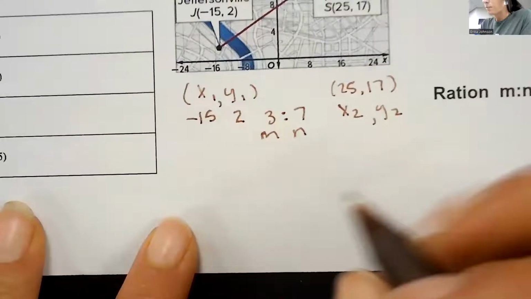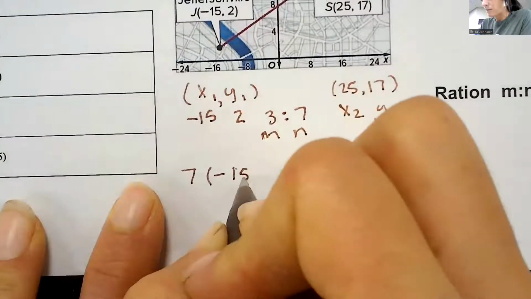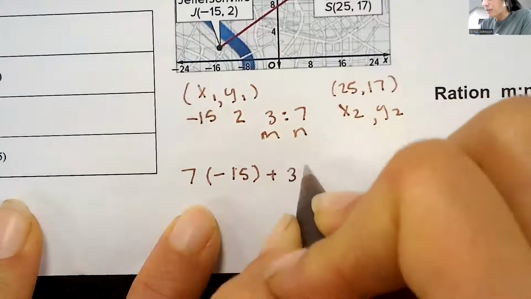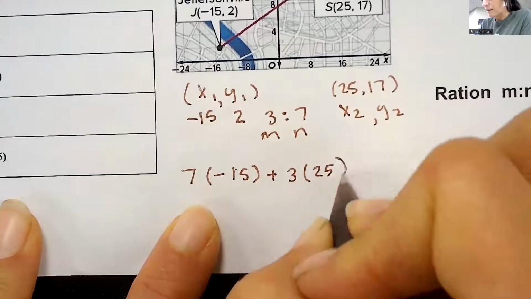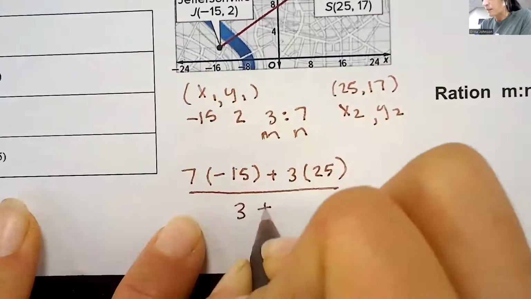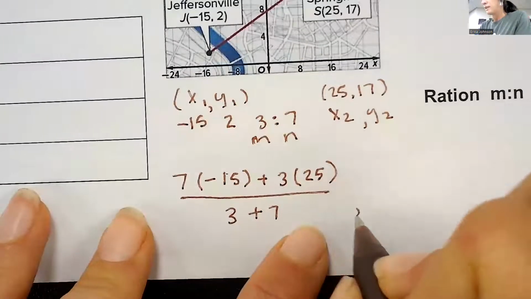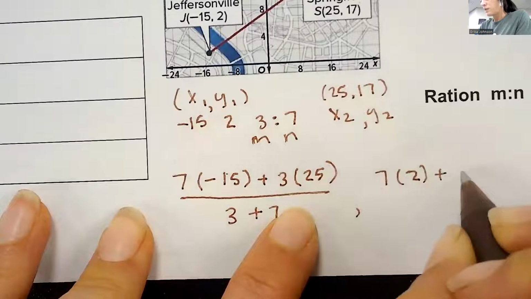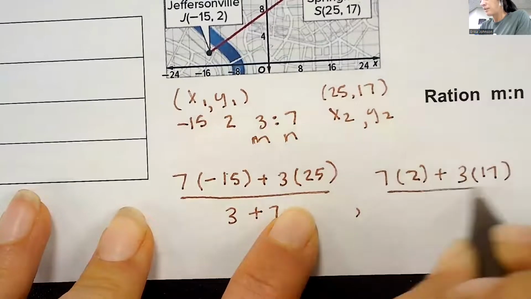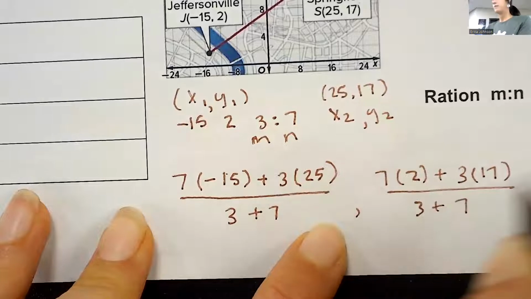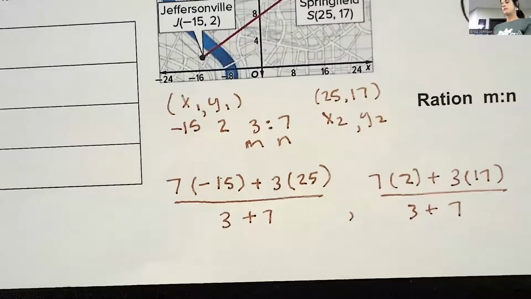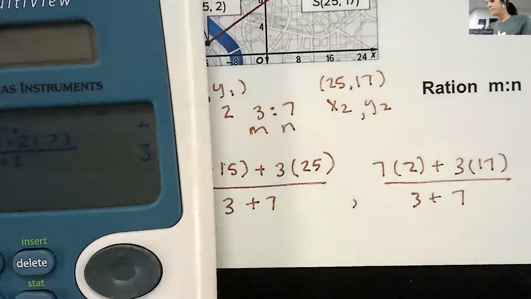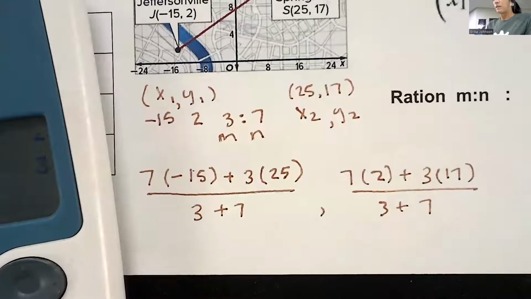Okay, so plugging into that formula, I would have 7 times x1 plus 3 times x2 over 3 plus 7. And then to find y, I would have 7 times 2 plus 3 times 17 divided by 3 plus 7. Plug that in. 7 times -15 plus 3 times 25 over 3 plus 7.